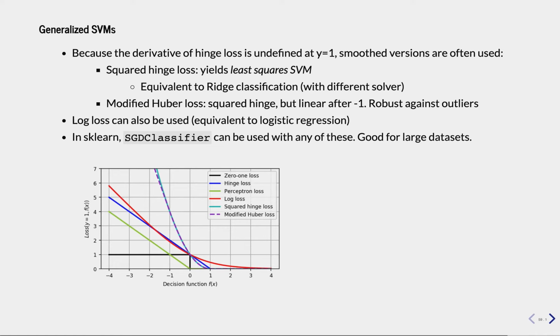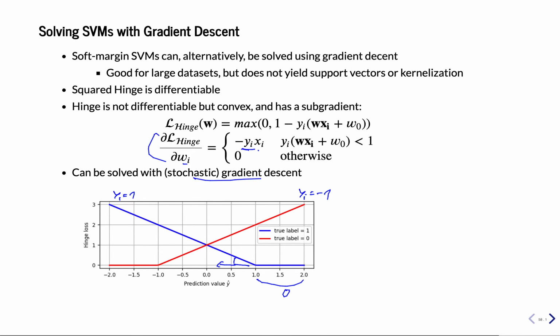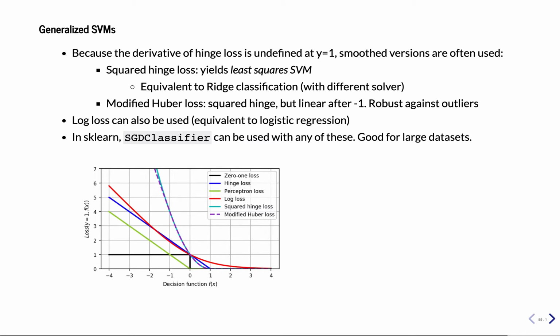Now, because the derivative of hinge loss is undefined, it's defined everywhere except here, at 1, we have some smooth versions. So you have already seen the squared hinge loss. The normal hinge loss is the blue curve here, so it has this hinge.